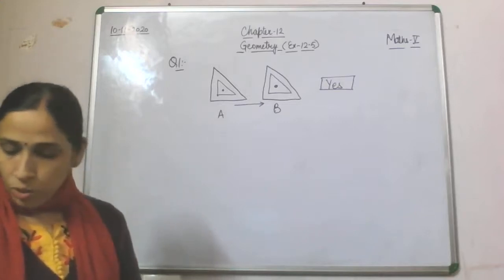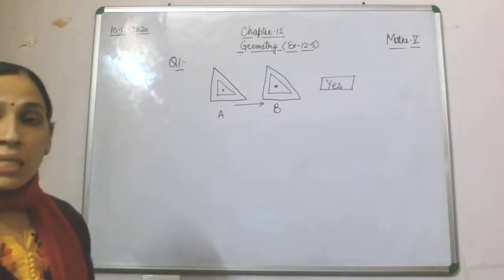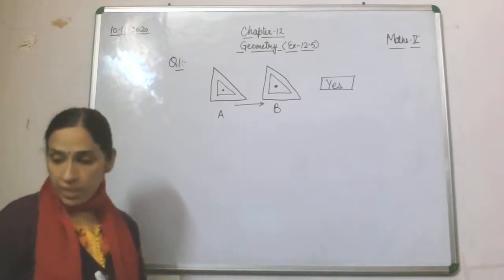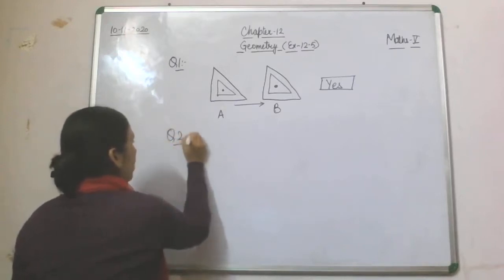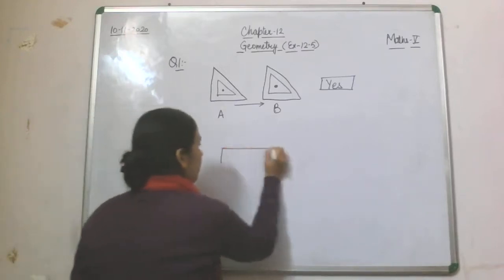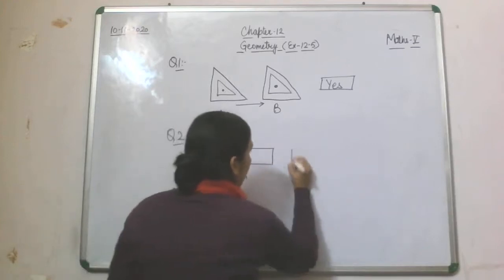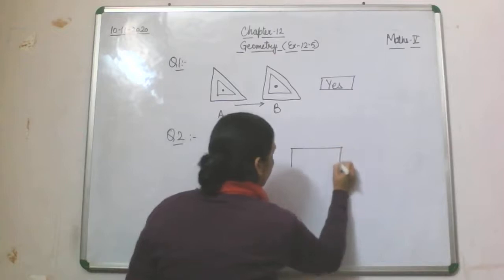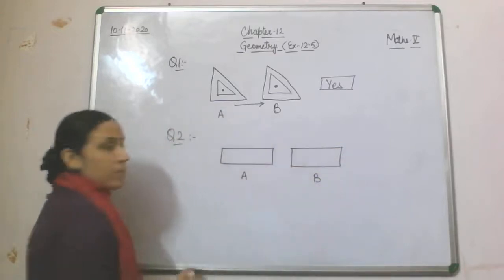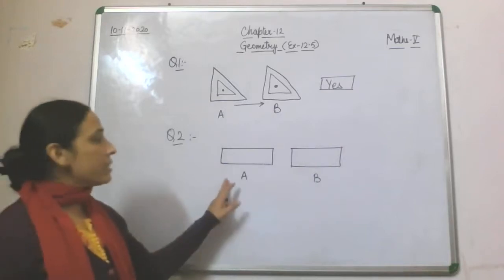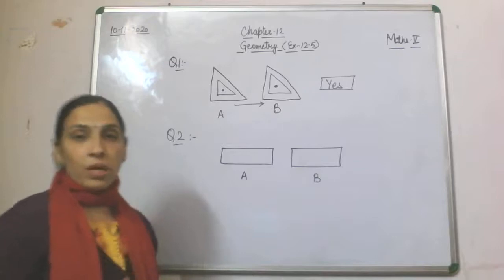Now question number 2. Is figure B the translated position of figure A? Again, in question number 2 you have been given 2 rectangles, and the name of one rectangle is A and the name of the other rectangle is B. So what has been asked? If I slide this rectangle A over rectangle B, is it going to cover it?